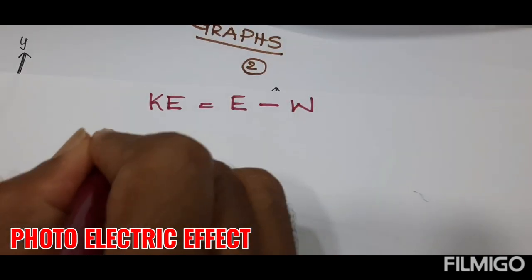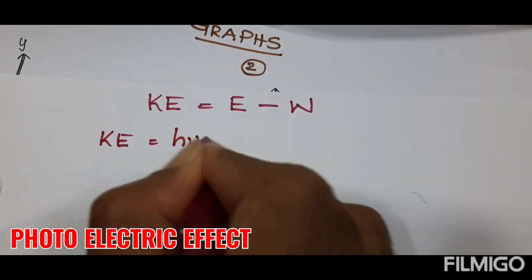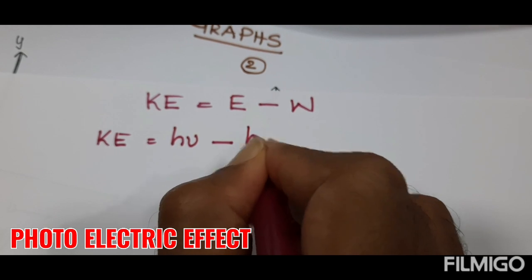Kinetic energy Ke is equal to energy h nu minus work function h nu naught.